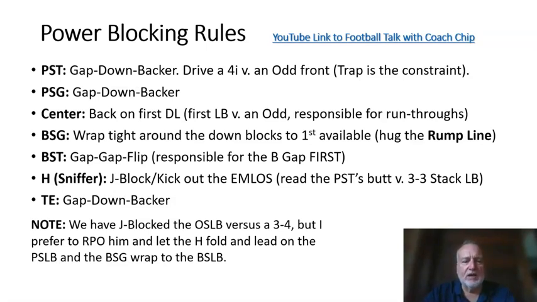And you see the note, we J block the outside linebacker versus a 3-4. They want to bring him up in there where he can make the play. But we prefer to RPO him and go twins to that side and let the H fold and lead on the backside, play side linebacker, and the backside guard wrap to the backside linebacker. Okay?